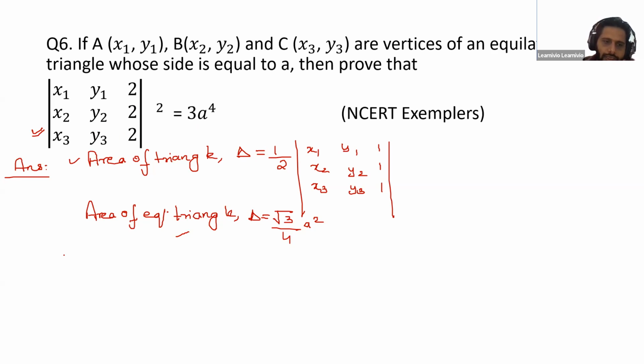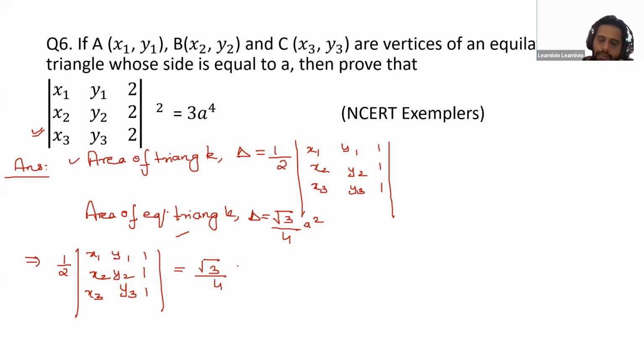So we can say that 1 by 2 times the determinant with rows x1, y1, 1; x2, y2, 1; x3, y3, 1 is equal to root 3 by 4 a square. Hope this point is clear to everyone: this is the area of the triangle, and this is also the area of a triangle, so we can equate these.